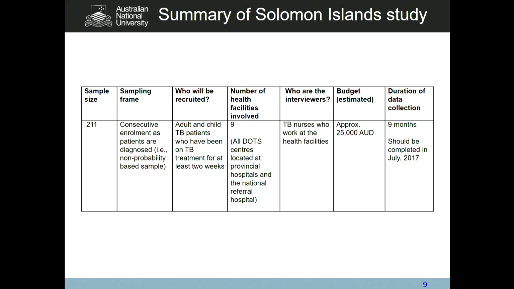And same story as for Timor-Leste, we're using trained nurses as the interviewers. Similar costs in Solomon Islands, 25,000 Australian dollars. And because we have fewer TB patients diagnosed in Solomon Islands, it's going to take us about 9 months to collect information on those 211 patients.